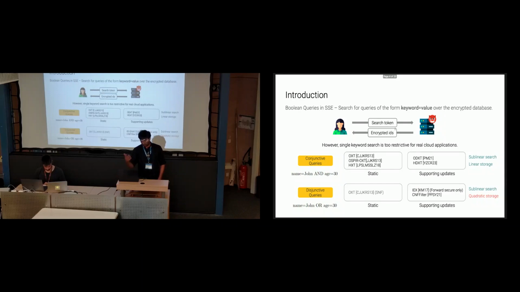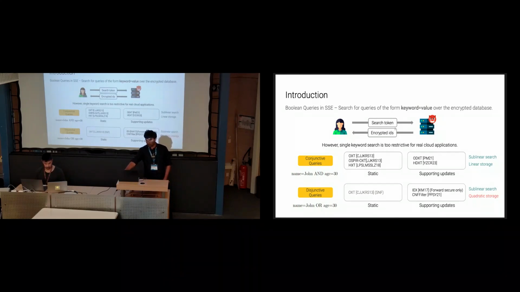So the schemes that have been proposed since mostly focus on multi-keyword queries, mostly Boolean queries, which are needed for processing the more complex querying that we encounter in practice. For that, we need at least basic conjunctive queries and basic disjunctive queries.